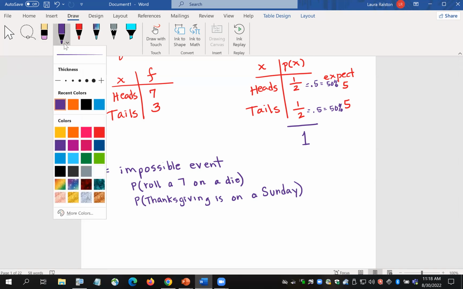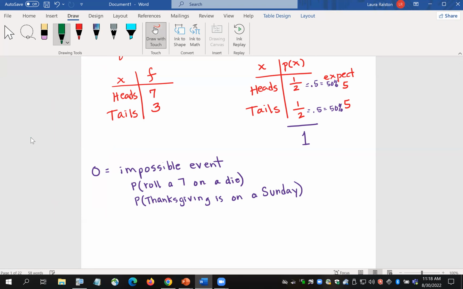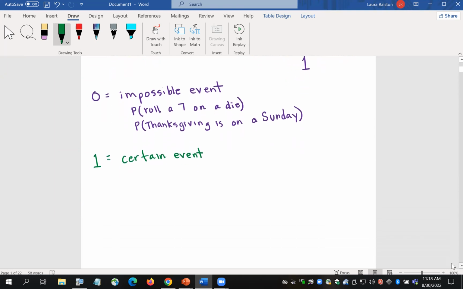On the flip side of that, the probability of 1, which is the maximum you can have, means that the event is certain, that it's going to occur no matter what you do. And then we can have any value in between that. So a value of 1 means it's certain.